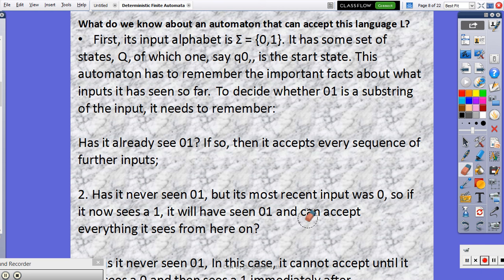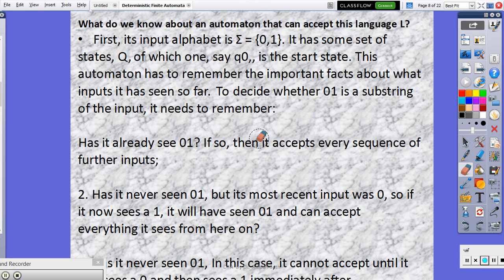If it has never seen 0 1, then it cannot accept until it has read 0 and 1. So we have three basic conditions. It has either seen 0 1, or it has seen only 0 and not 1, or it has not seen 0 1. So this is just an idea of how to start drawing the DFA.